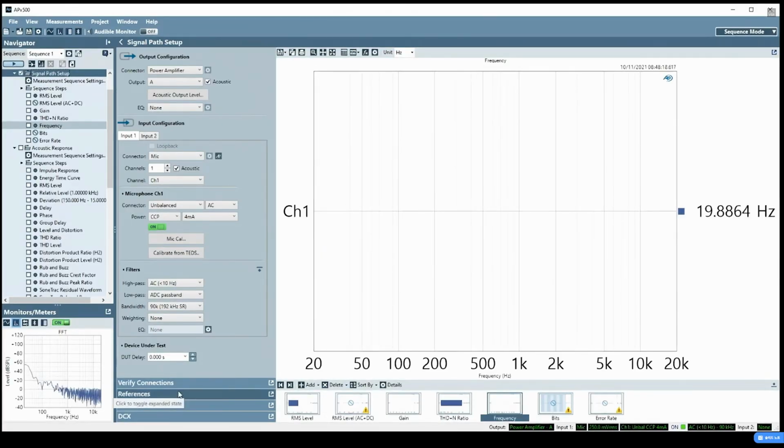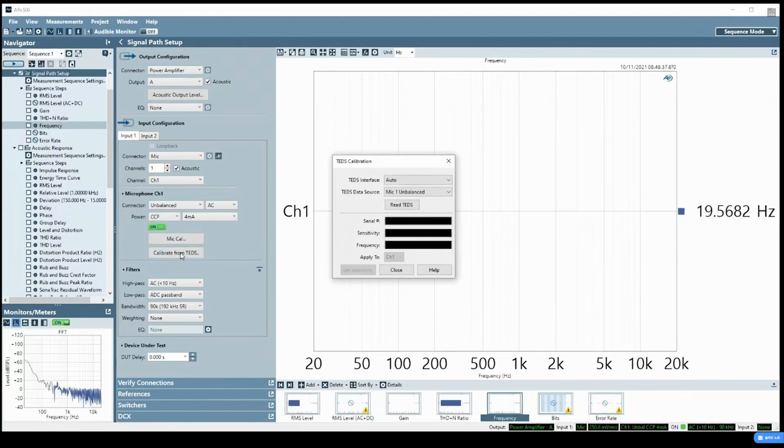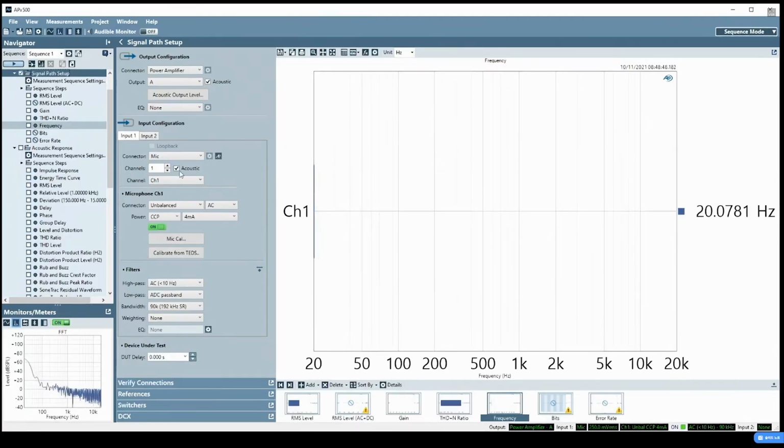I have my 517 powered up and connected, and just for sanity, I've got my measurement microphone connected. I'm going to calibrate this from TEDS. I'm going to read TEDS and set the sensitivity. I'm in acoustic mode, and I've then set acoustic mode in this signal path for the output.